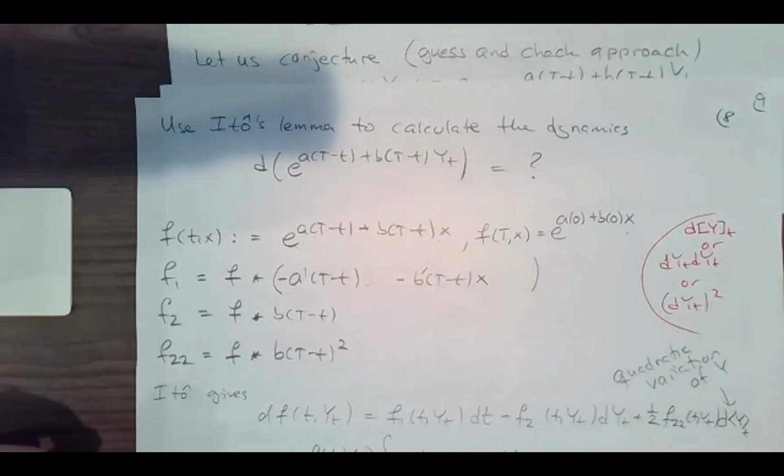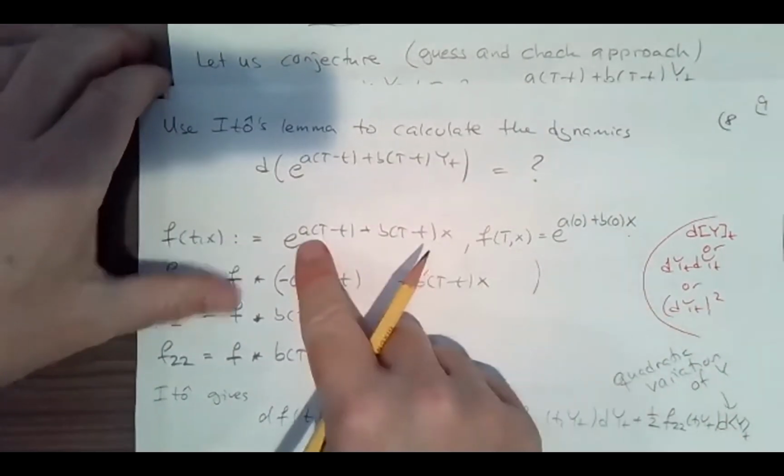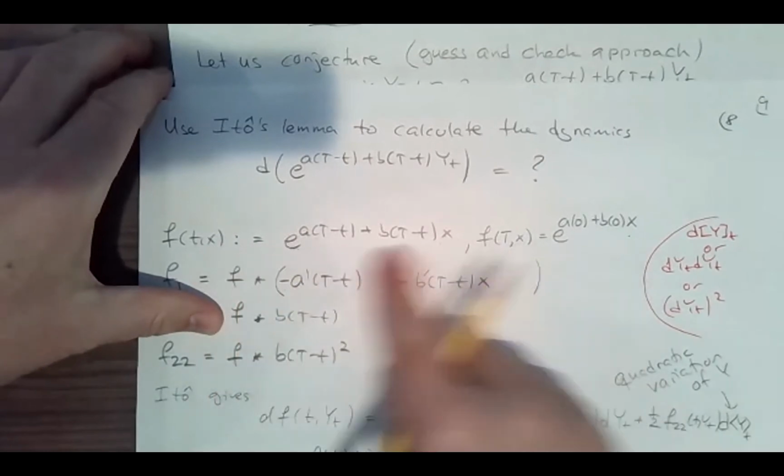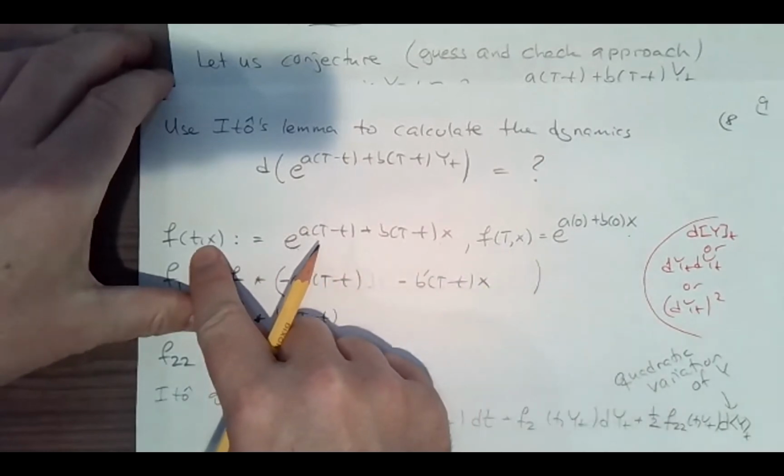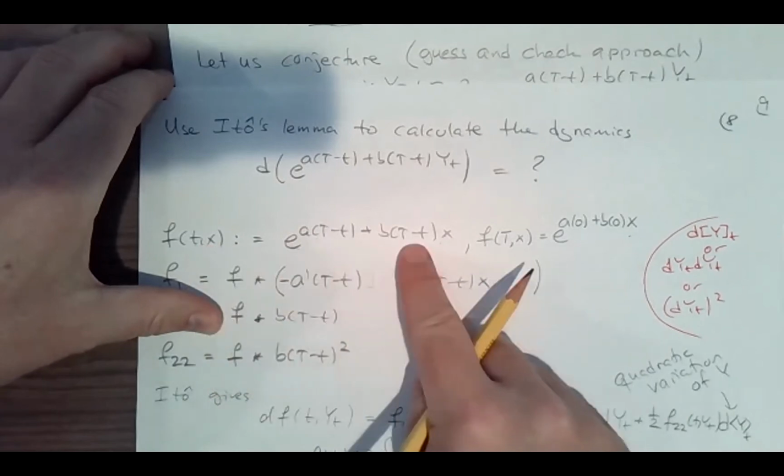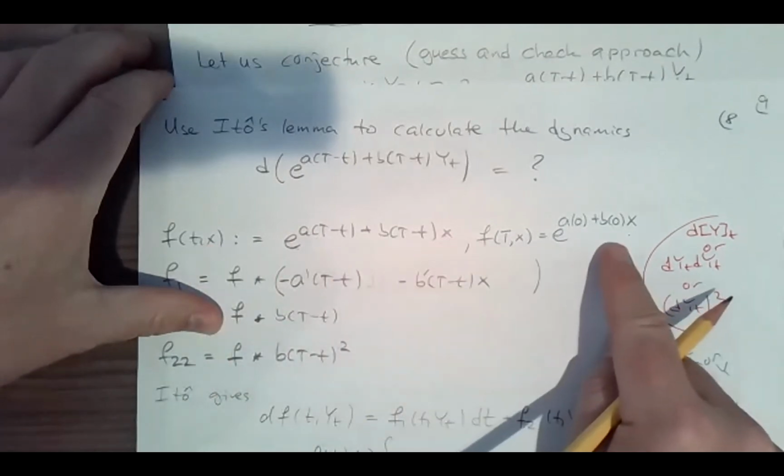That's the value I get out when I evaluate the function with little t being capital T, a(0), b(0), and the x is going to come out.